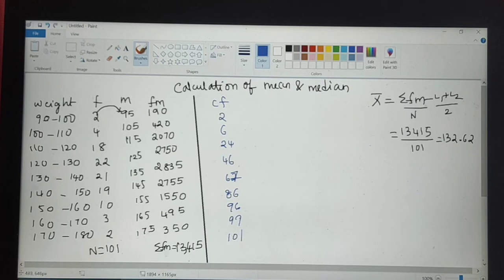If you notice, the total of this and this match. That is how you verify whether your cumulative frequency calculation is correct.